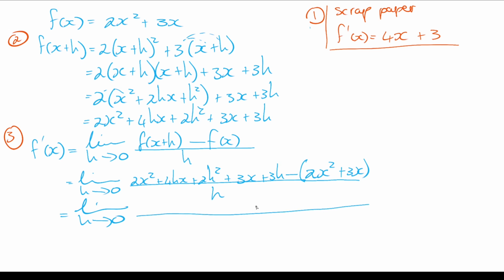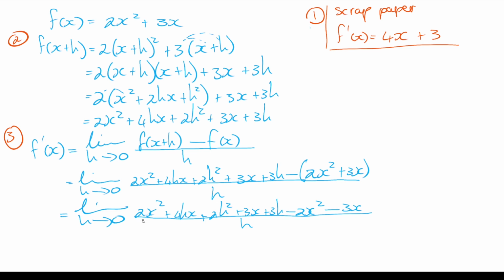Oh, that line was horrible. I'm going to try it one more time. Not much better, but let's get on with it. 4hx plus 2h squared plus 3x plus 3h minus 2x squared. And this is usually the one where the sign error happens if we don't have the brackets, because this times this gives me negative 3x. And then all of that over h.